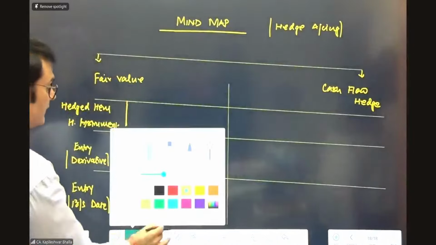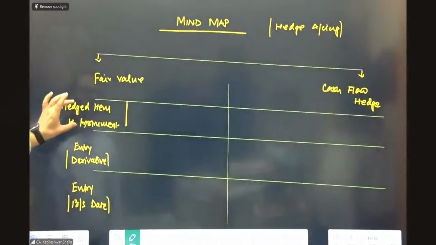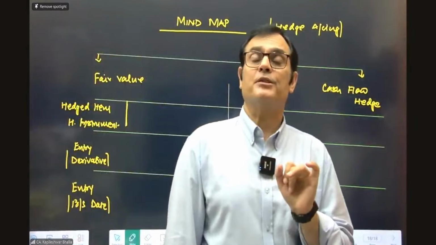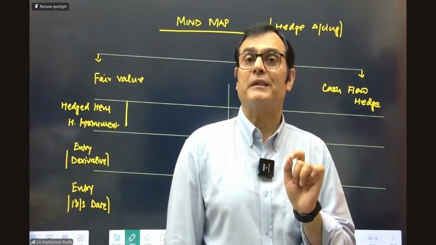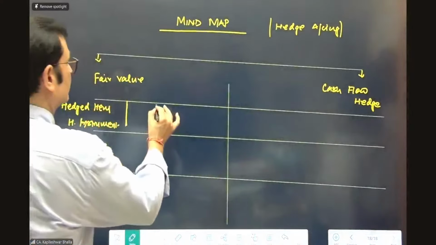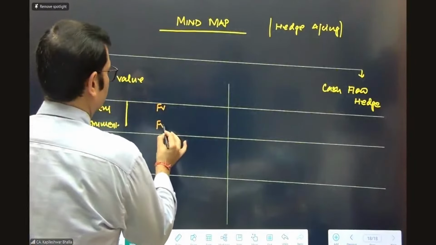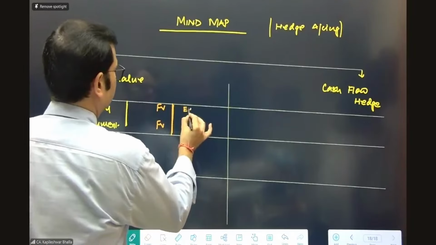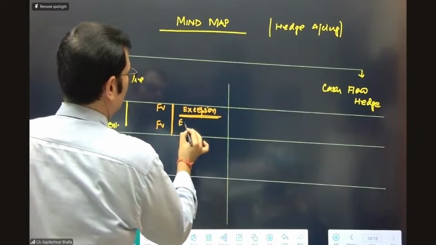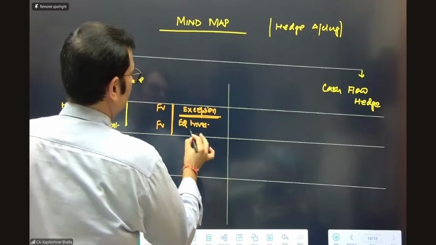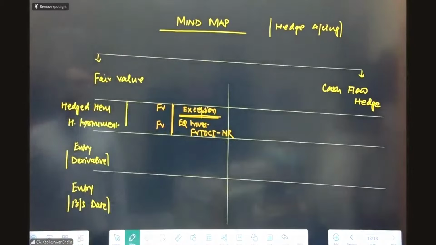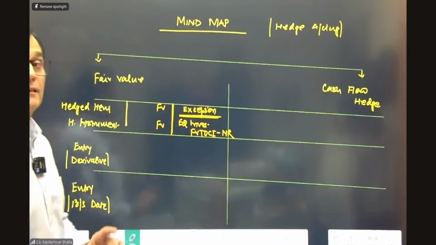Whether it is the hedged item or the hedging instrument, both are captured at fair value, except if the hedged item is equity investments measured at FVTOCI, with no recycling, then the differences are taken in the OCI.